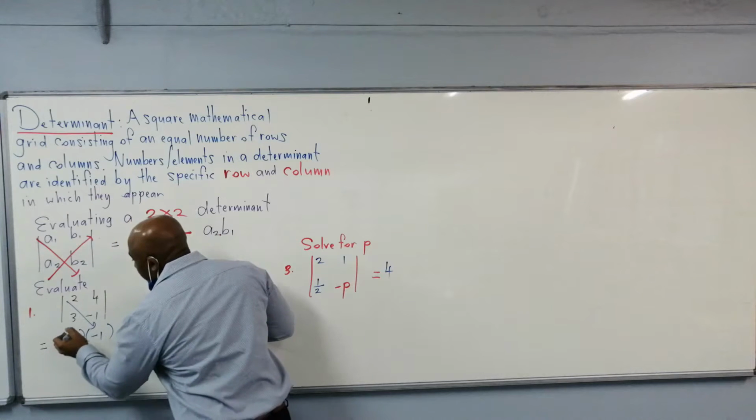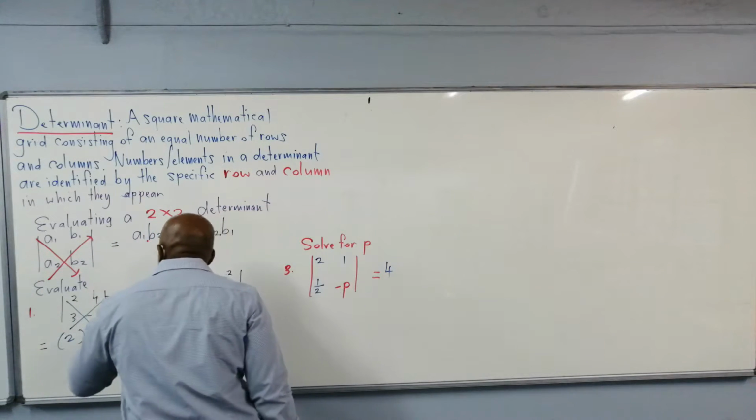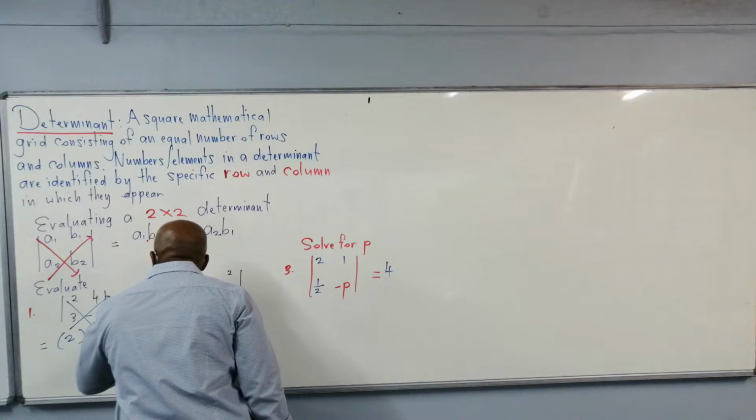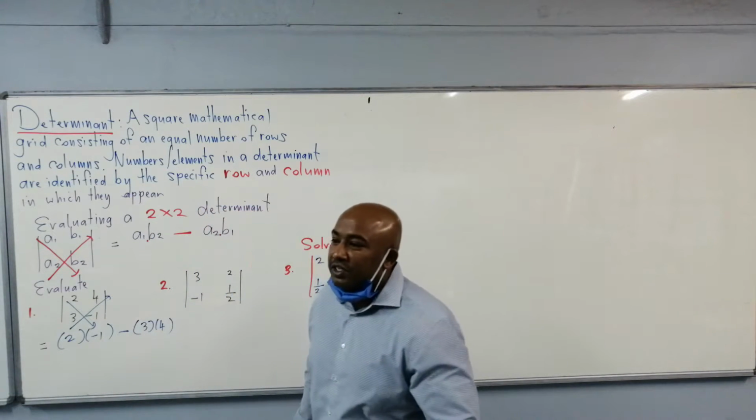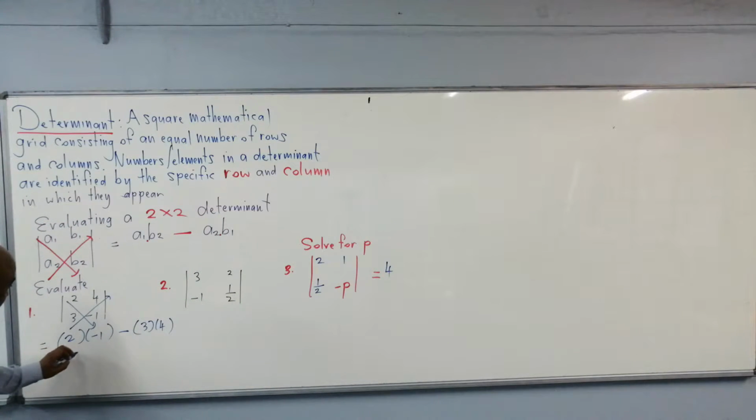And then you multiply going up, so that's going to be 3 times 4. And then you just work it out. 2 times minus 1 is minus 2, and then 3 times 4 is 12. So minus 2 minus 12 is minus 14.